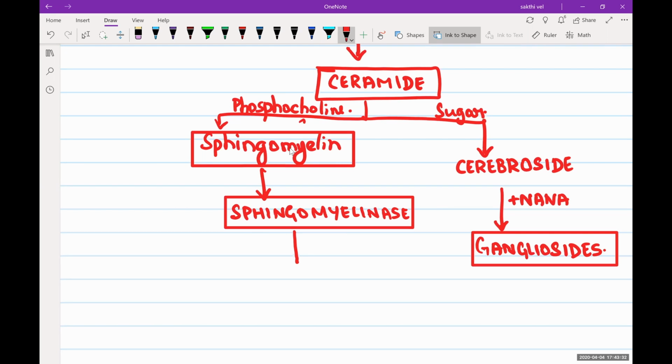Now deficiency of sphingomyelinase causes Niemann-Pick's disease. Very, very important MCQ. In Niemann-Pick's disease, there will be accumulation of sphingomyelin.